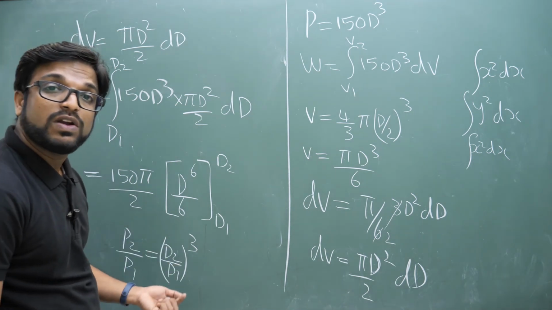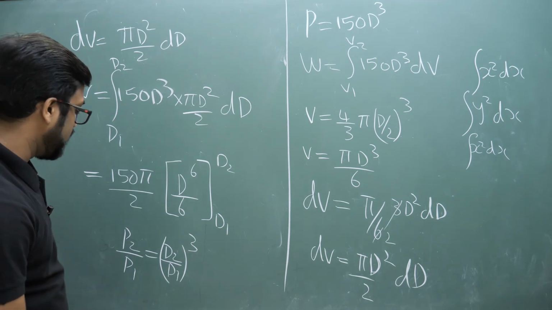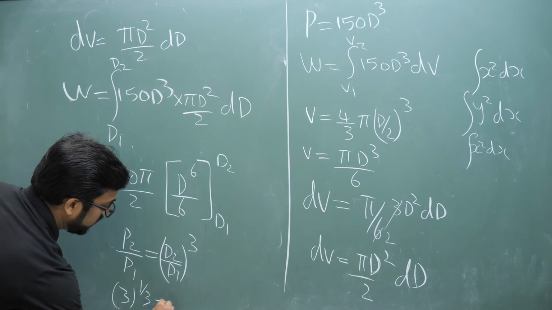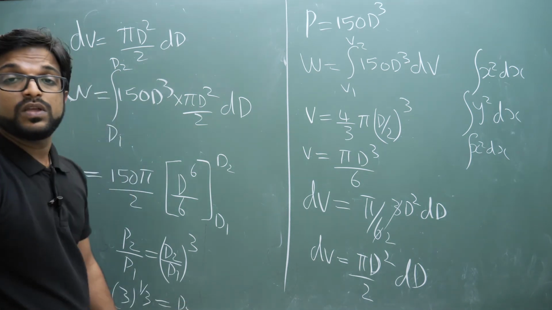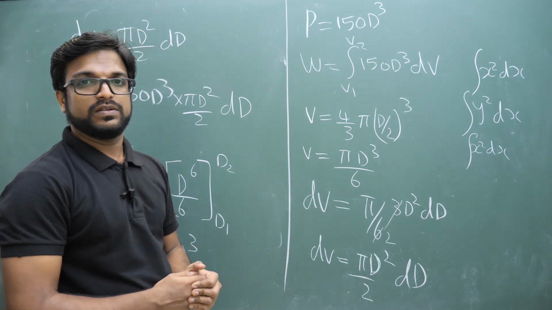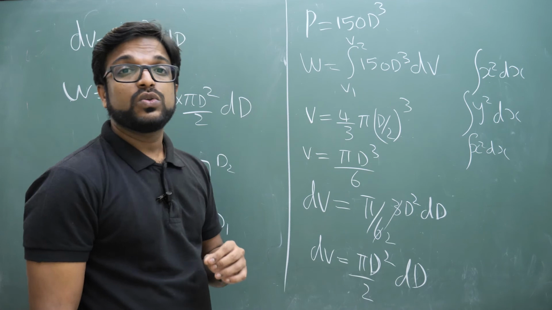What is 450 by 150? 3. d1 is 1. So d2 is the cube root of 3, which is 1.442 meter.